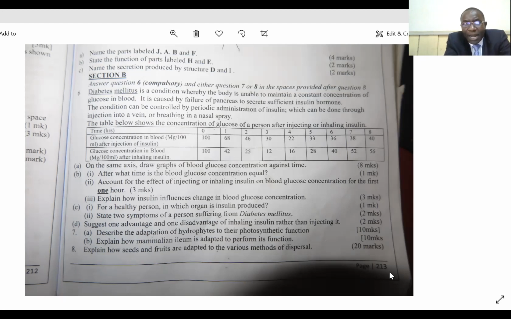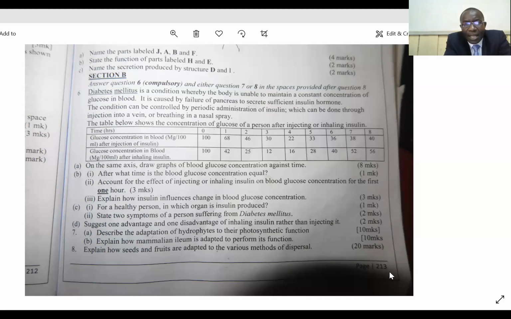Glucose concentration in blood, you are given the units. Glucose concentration in blood is always given in milligrams per 100 ml after the injection. So at 0 hours, the glucose concentration was 100.